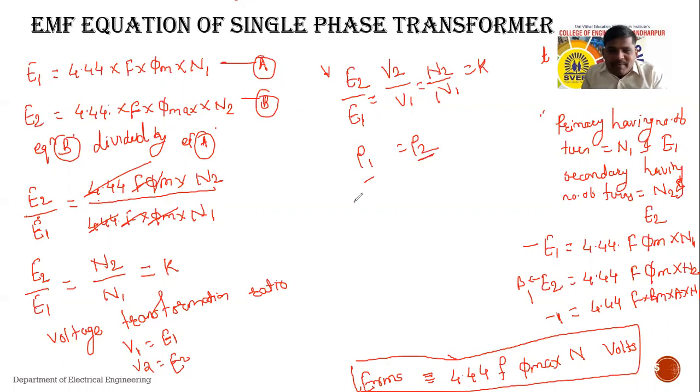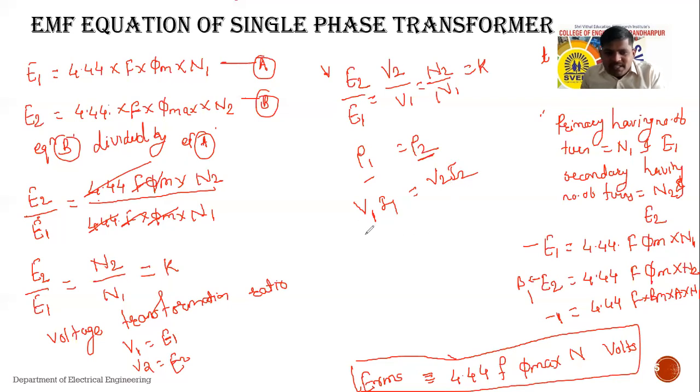The primary power is V1 into I1, and the secondary power is V2 into I2, right? We are considering the ideal transformer. So according to this, we get another ratio, V2 divided by V1.